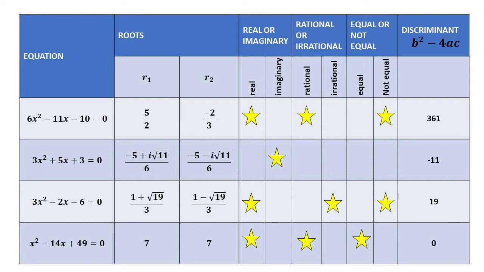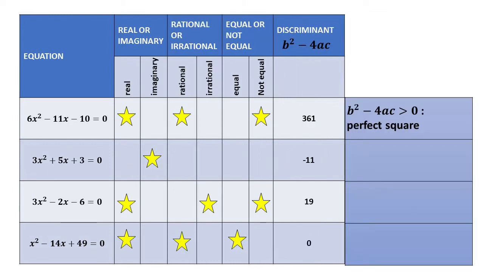Now let's analyze the given value of the discriminant and the nature of the roots of that given equation. If the discriminant is greater than 0 and a perfect square number, then the nature of the roots is real, rational, and not equal. If the discriminant of a given quadratic equation is less than 0, meaning negative, the nature of the roots is imaginary.